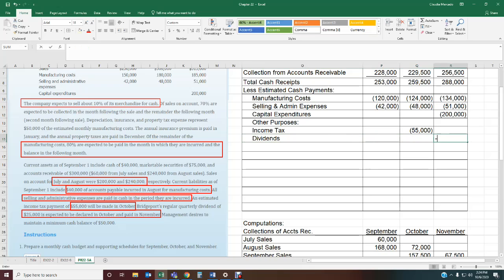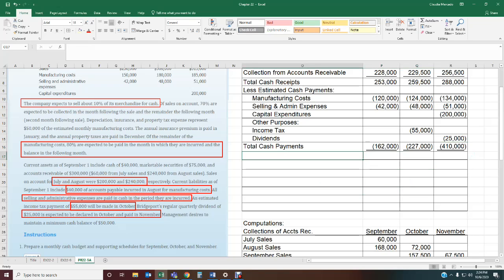And we're going to pay those dividends in November of $25,000. Okay. Now I can get my total cash payments. This is what we paid. This is money leaving the company. Okay. So I'm going to add my total of my cash payments by column for September, October, and November. Okay.